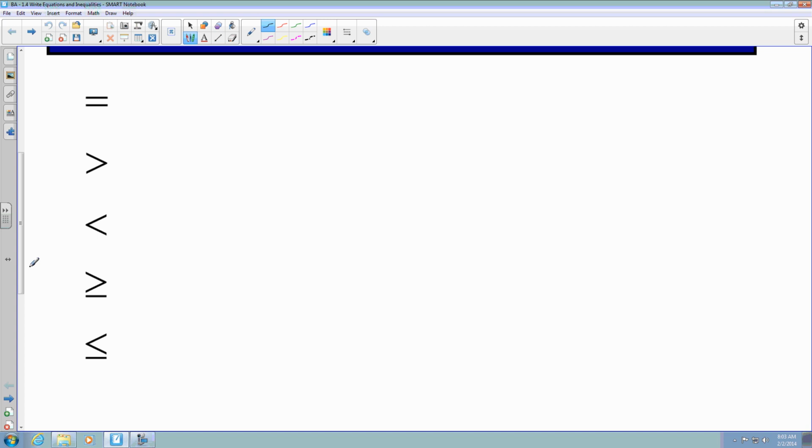This first one we should really recognize, that is the equal sign. When we're in the verbal model, when we start to see word problems, anytime the word "is" is used, that usually means that an equal sign will replace that when you write it as a math problem.